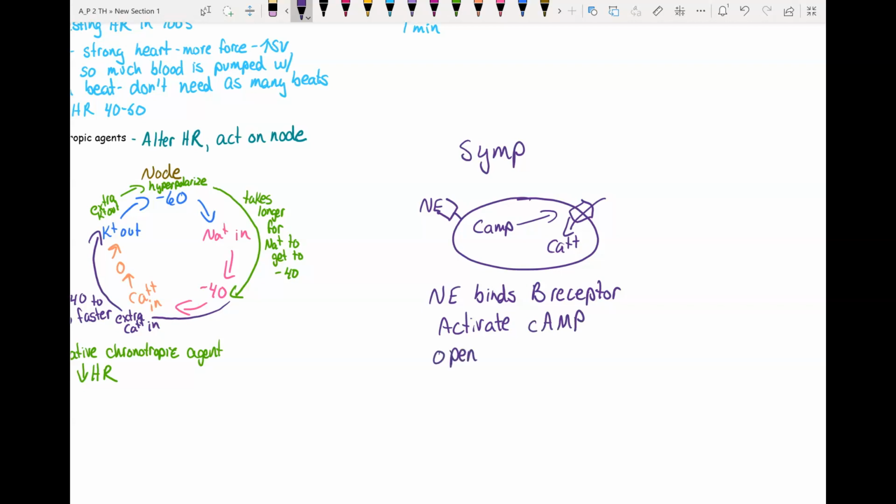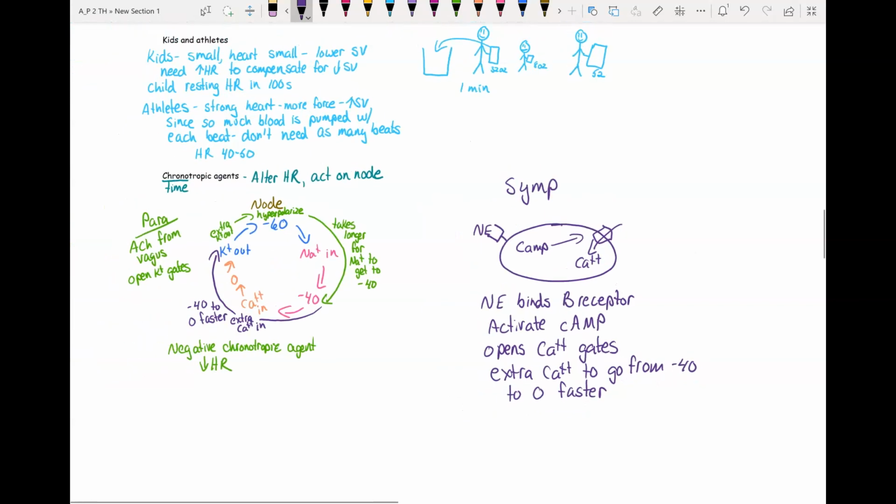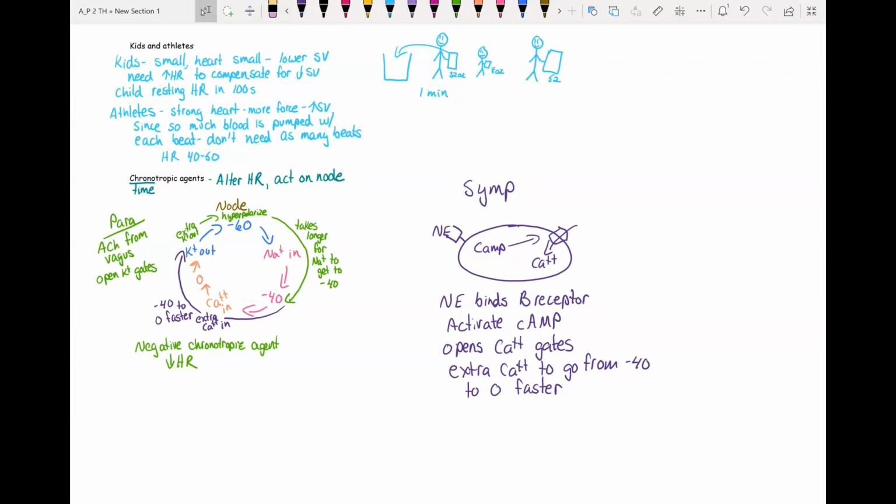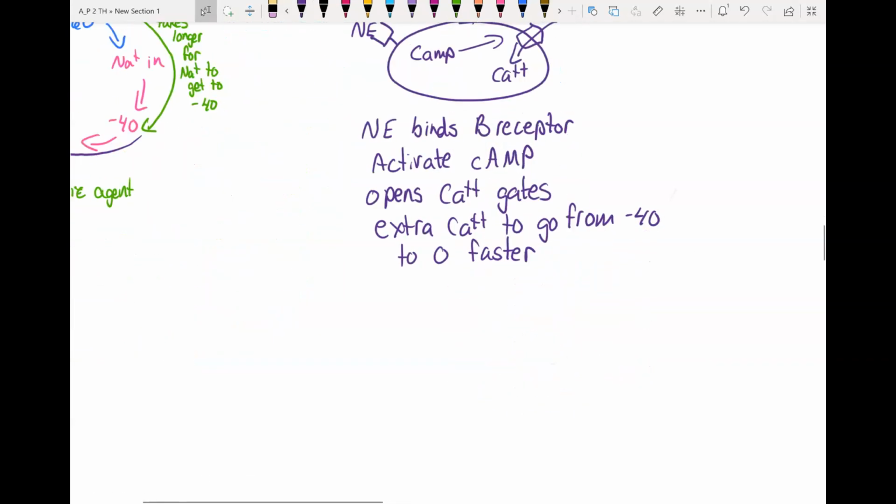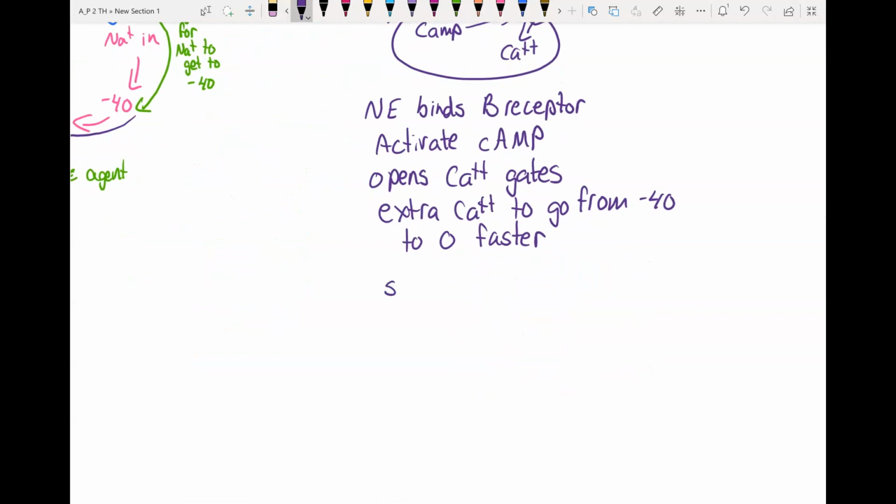This opens calcium gates so that you have extra calcium to go from -40 to 0 faster. So you have parasympathetic and sympathetic as your main ones here. Sympathetic is a positive chronotropic agent.